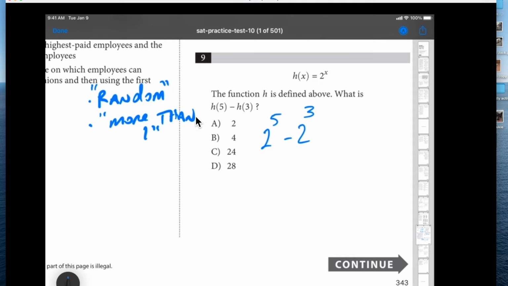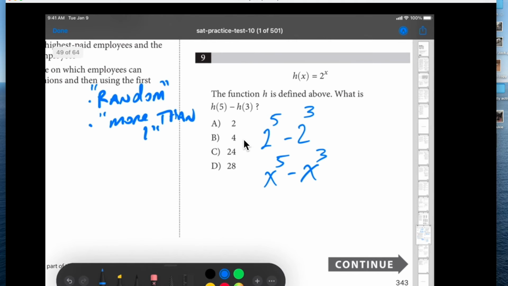Okay, so here you can't do anything with combining these exponents. For example, if they had given you x to the 5th minus x to the 3rd, you cannot combine these. However, because everything is in numbers, you can evaluate them.